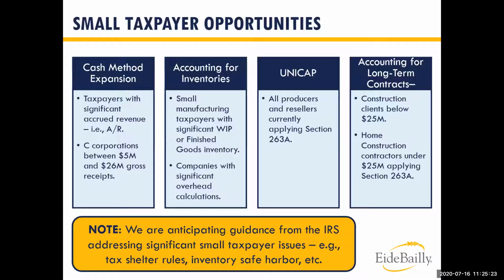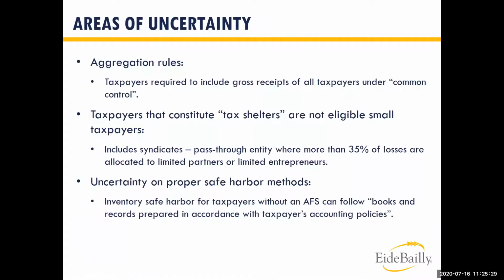But several things to keep in mind in the meantime is that average annual gross receipts test. It's not typically looking at the gross receipts of just a single taxpayer. If there are other taxpayers that are under common control, we need to be looking at all of those taxpayers, aggregating their gross receipts for purposes of performing this test.